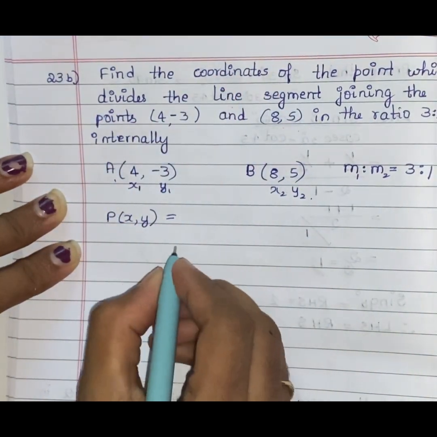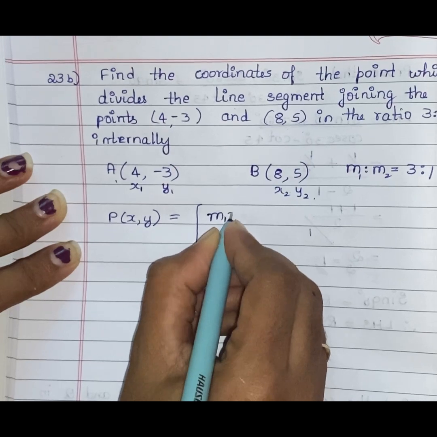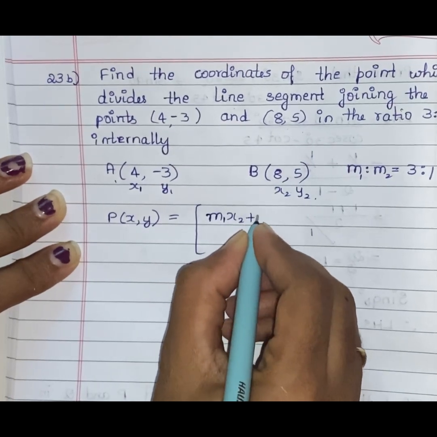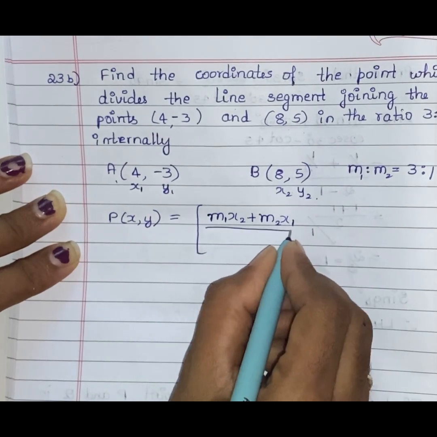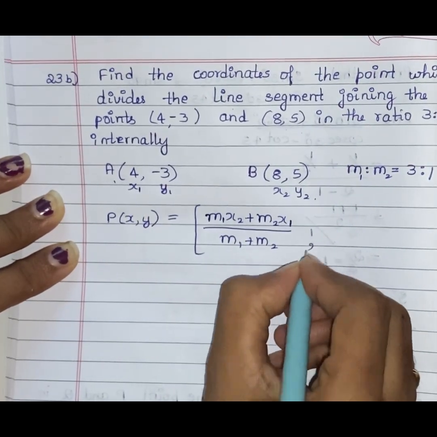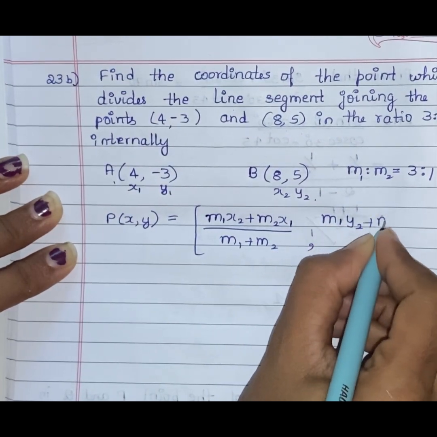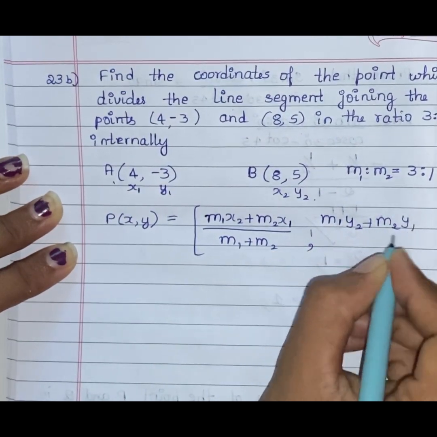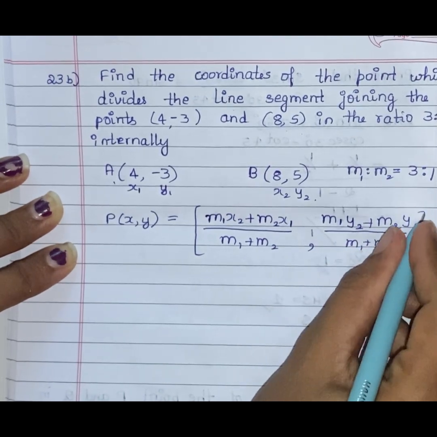So we have the formula for this, that is (m1 x2 plus m2 x1) divided by (m1 plus m2), comma (m1 y2 plus m2 y1) divided by (m1 plus m2).